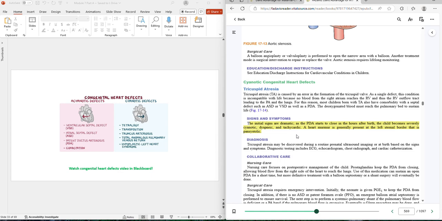You can generally hear a heart murmur on the left sternal border. So that's why it's so important to be trained knowing how to hear murmurs, because you could save this infant's life by trying to keep that PDA open.